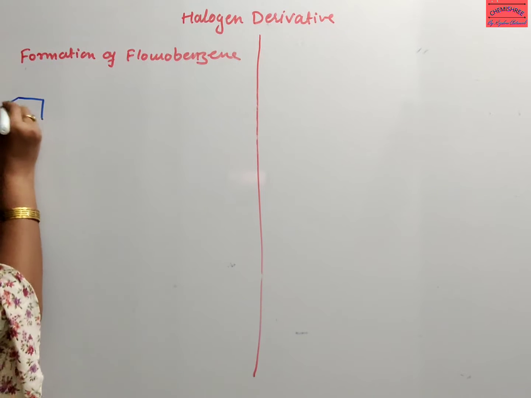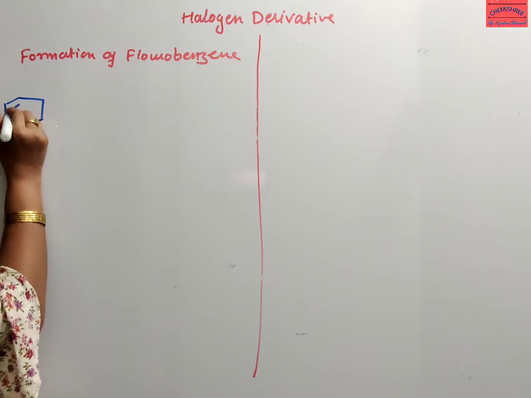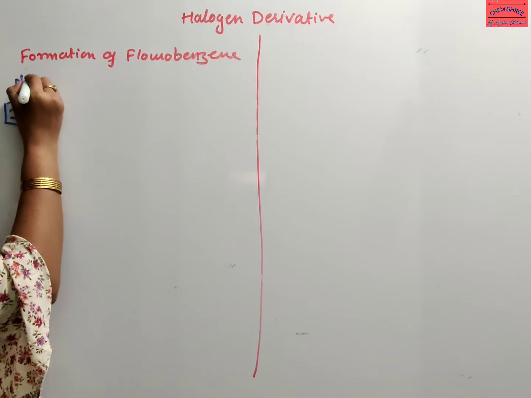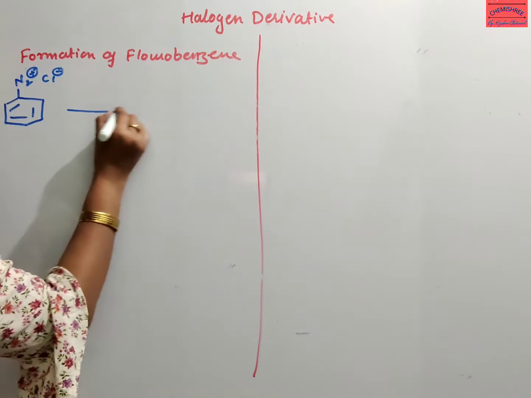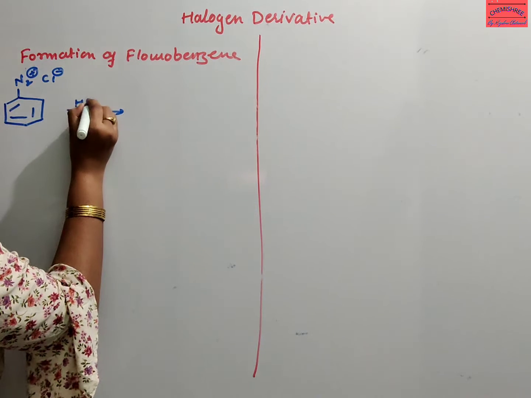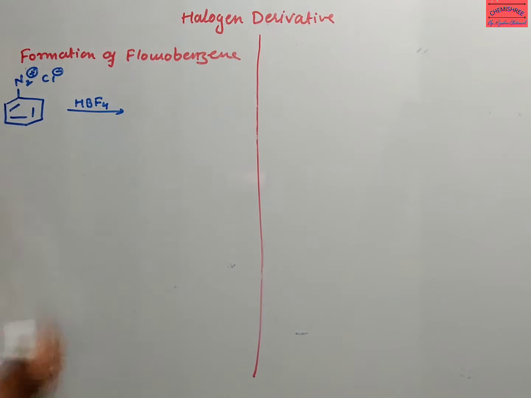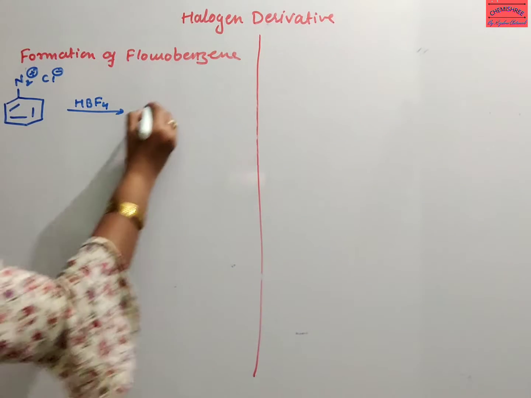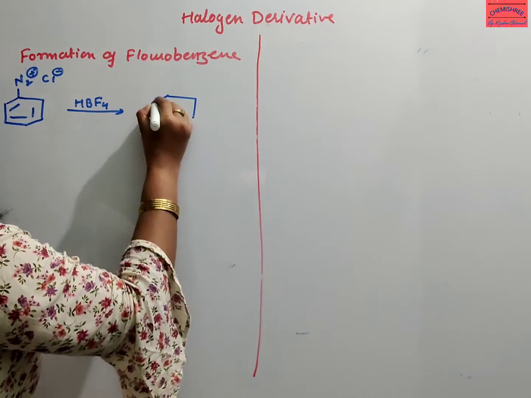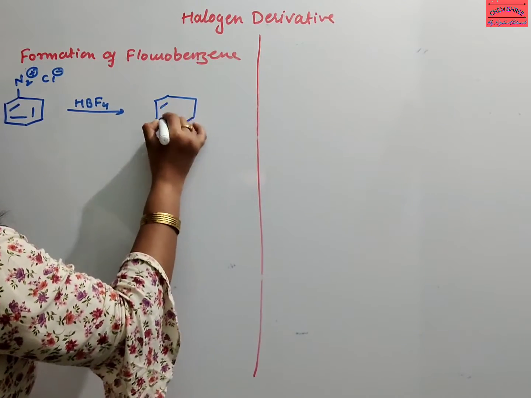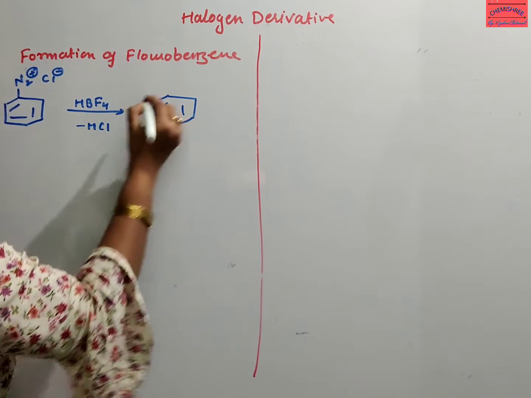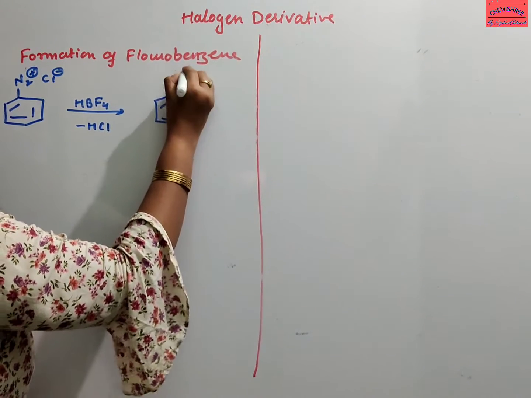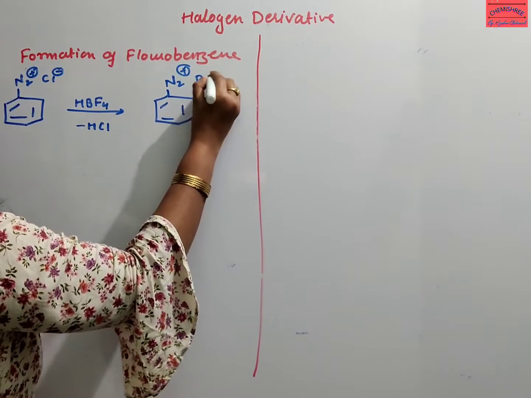How to make? We have just seen just now how to make benzene diazonium chloride. Treated with HBF4, fluoroboric acid, it will give you, this HCl removed, and you will get N2 plus BF4 minus.